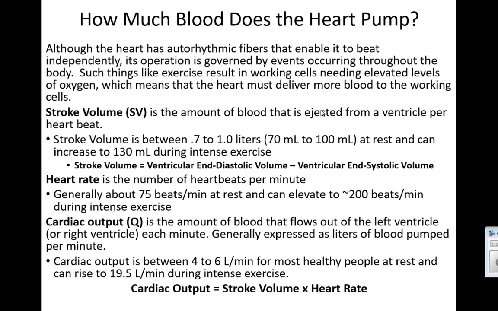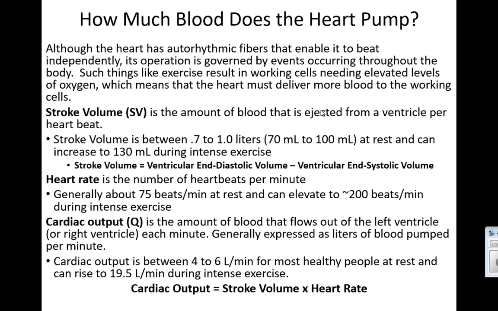We can measure the amount of blood our heart pumps with a calculation of heart rate times stroke volume, where heart rate is the number of beats your heart takes in a minute. Just simple, it can be measured by taking your pulse and counting for 1 minute or a fraction of a minute and multiplying.